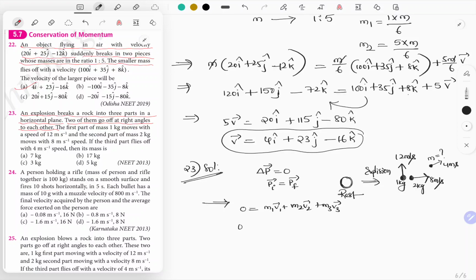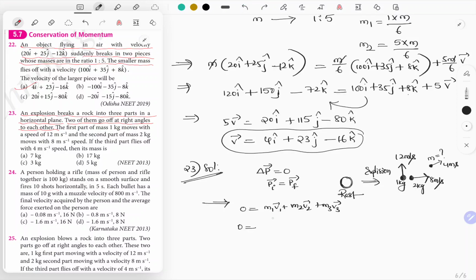One more hint they have given is that 2 particles of different masses are moving perpendicular to each other. Let me represent them with respect to direction, because velocity is a vector quantity. We must represent it with direction. Okay, so it is 12 j cap.